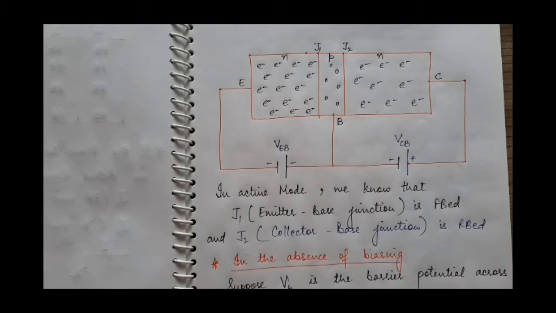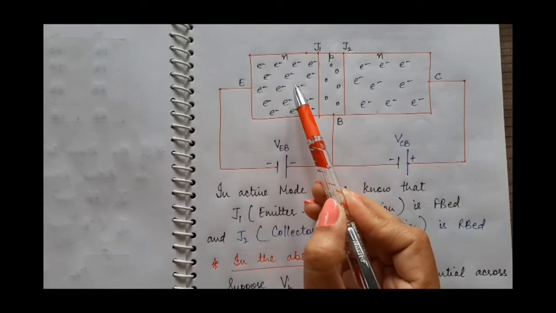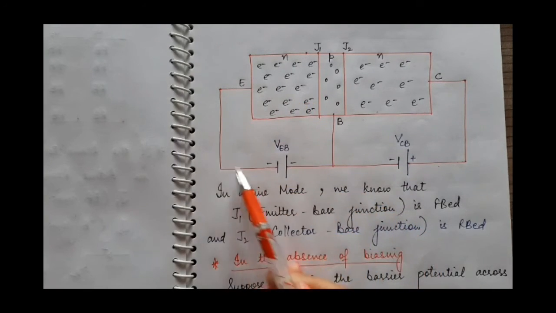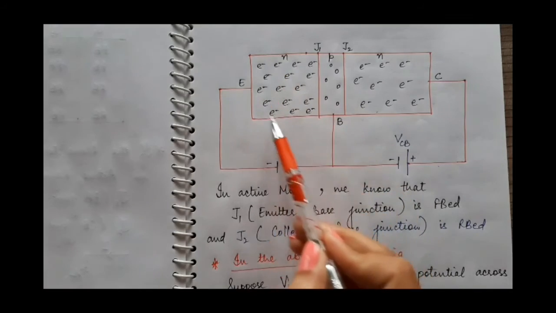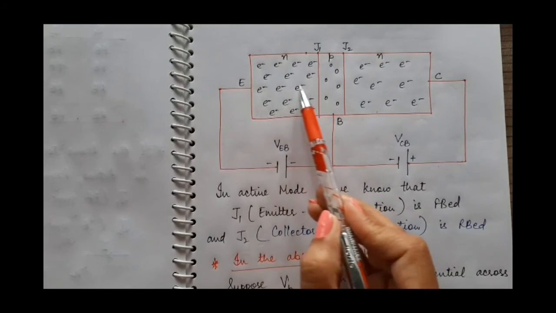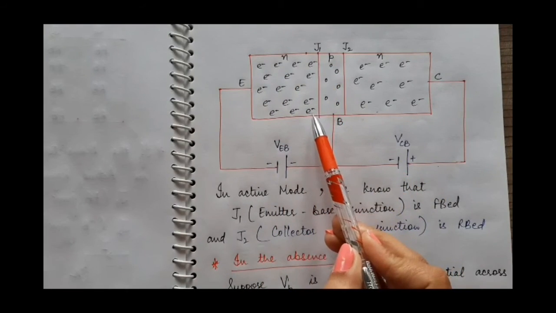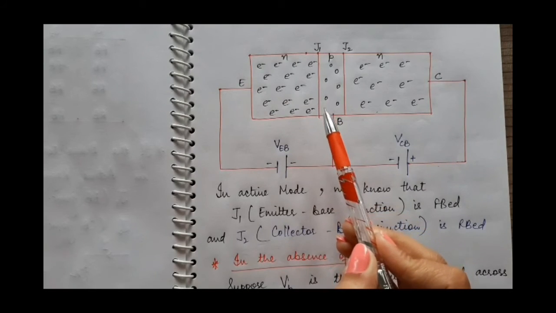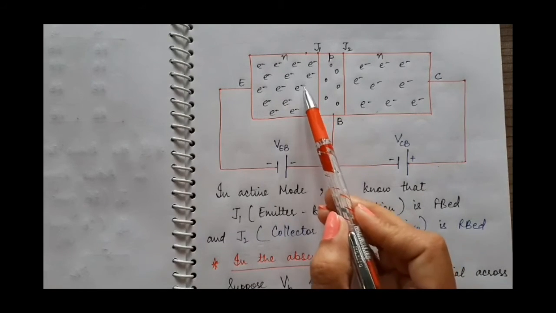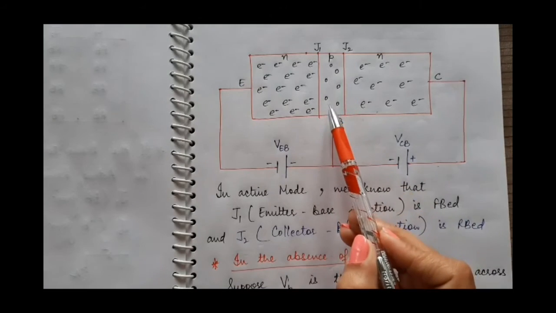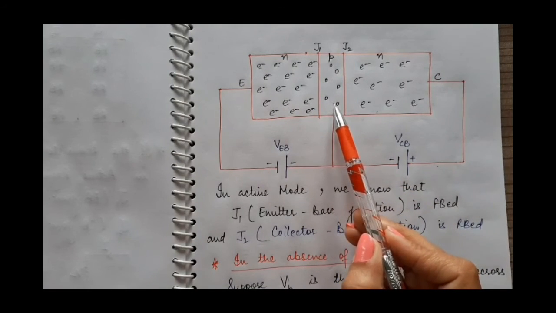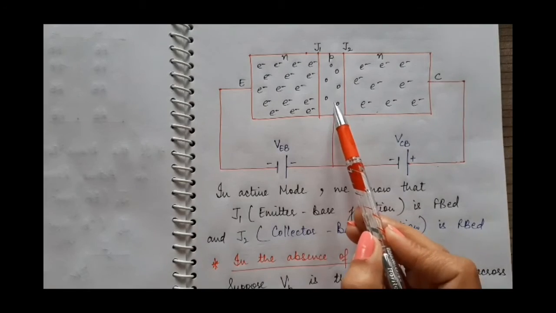So the majority carrier electrons, as they are suffering repulsion from this negative terminal, are moving towards the junction J1. And now as the potential barrier is reduced, they will cross this junction and enter into the base, and inside the base they will recombine with these holes.